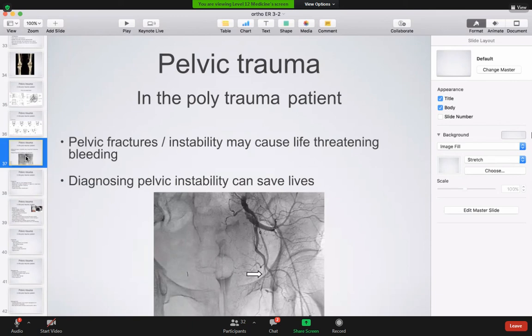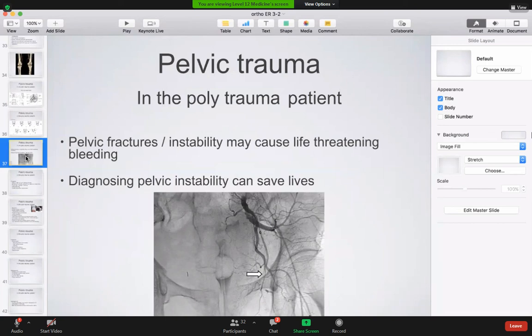Why is a pelvic fracture considered an emergency? When you have bleeding inside the pelvis, if the bleeding is venous or from the bone ends, you will have a tamponade effect after accumulating a certain amount of blood.